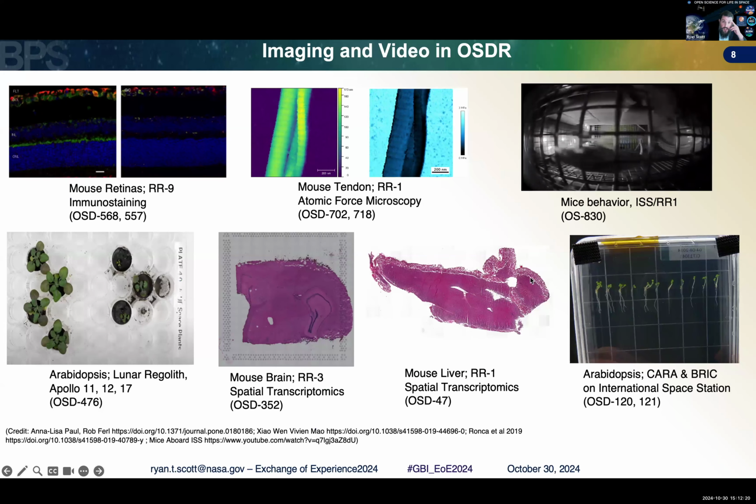Other examples of the imaging in our repository span from rodent research retinas to videos of the rodent research mice on the International Space Station, spatial transcriptomics, plants. We are getting more and more human data, but this is just a snapshot of the various imaging and video available in the repository.